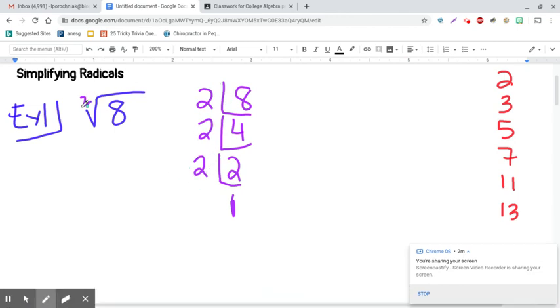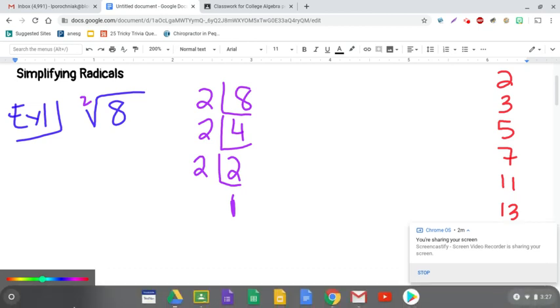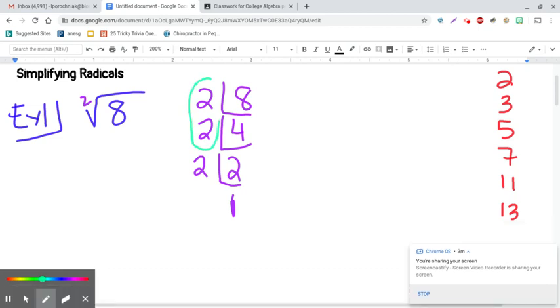Are there any two numbers that are the same? Yeah, we actually have 2 2s. I mean, we really have 3 2s, but we're only looking for pairs right now. So this pair of 2s gets to come outside. Now, this 2 down here does not have a pair, does not have a match, so it stays inside.